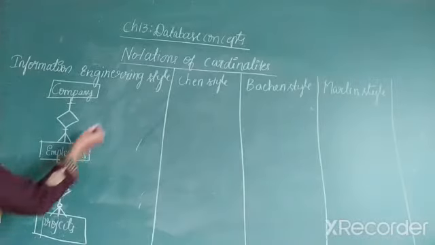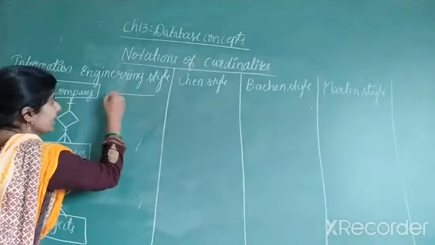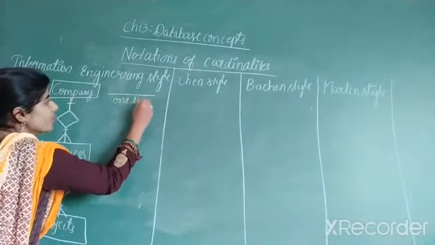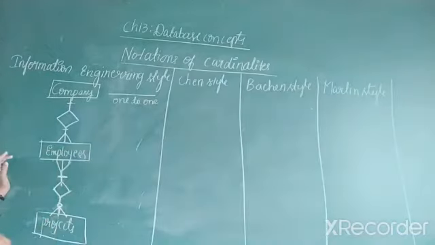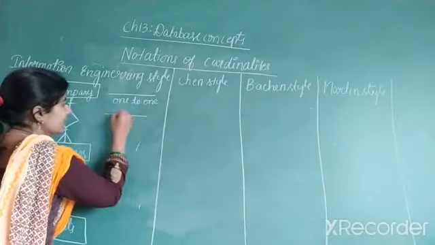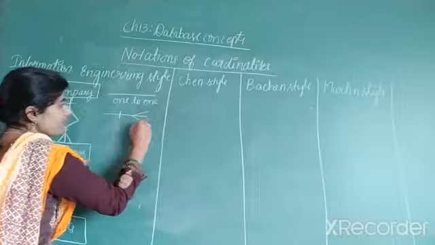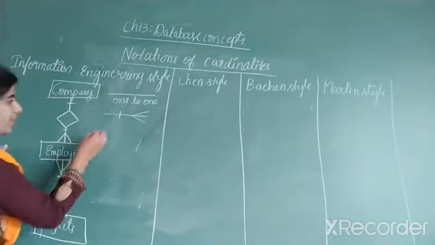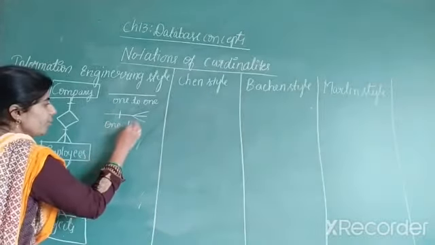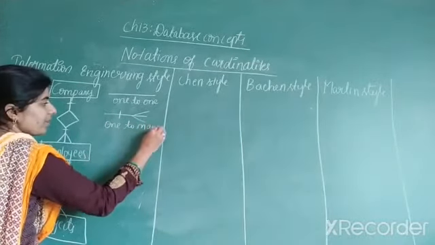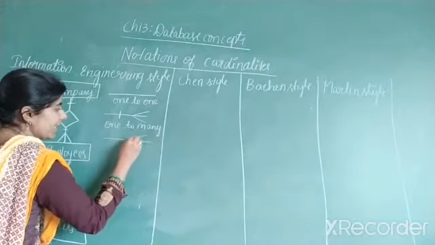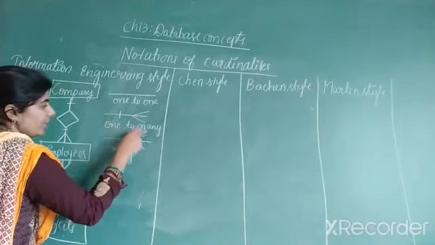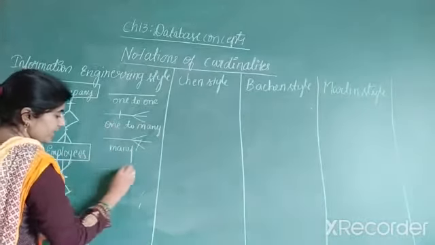In case of this, you can observe here, if you write a relationship like this, one straight line, it indicates one-to-one relationship. And if you are writing like this, one company can have many relationships. This indicates one-to-many relationship. And if you are simply writing like this, it indicates many relationship.